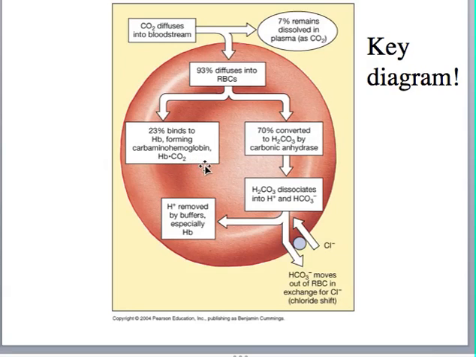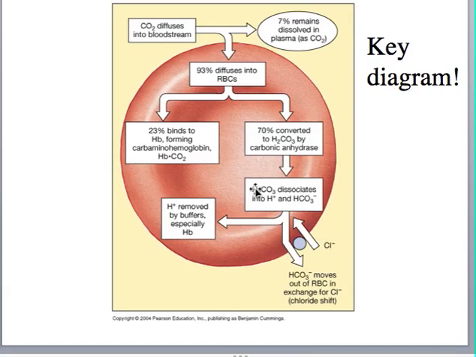Just so you know, my little HGB in my notes is hemoglobin, and here in the book it says Hb. So hemoglobin is the same thing, HGB or Hb. Okay, so the 70% though is converted to H2CO3, which is carbonic acid, by the enzyme carbonic anhydrase.